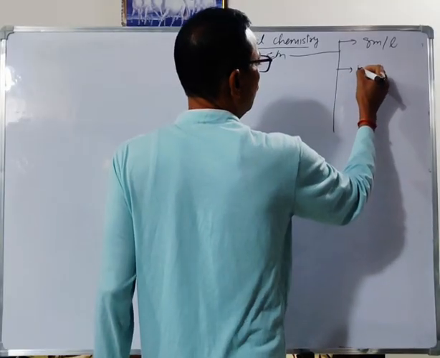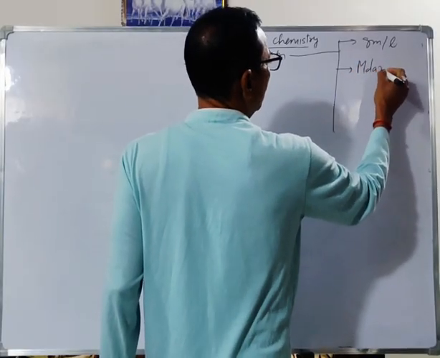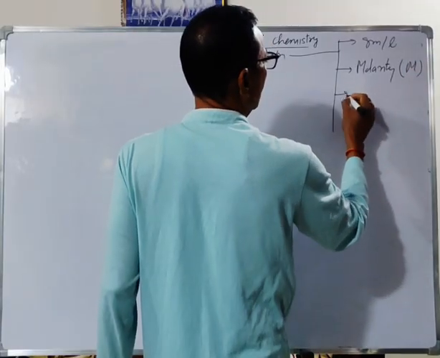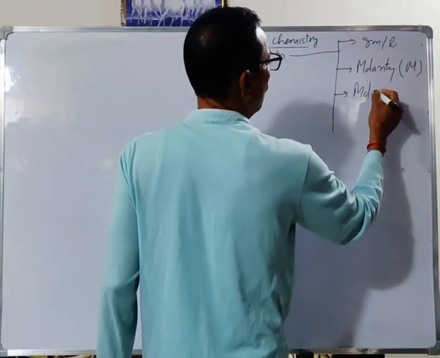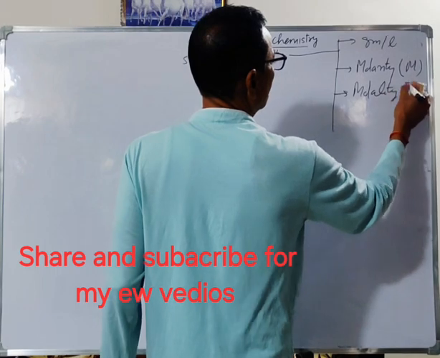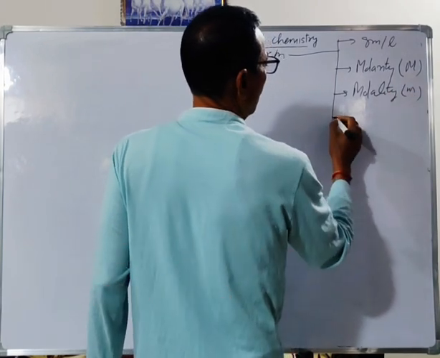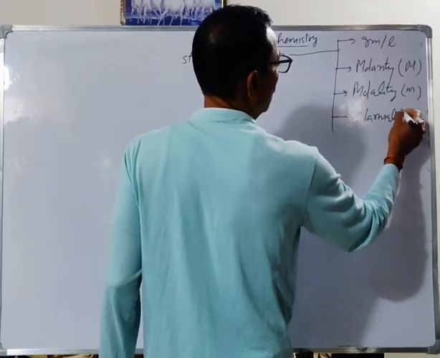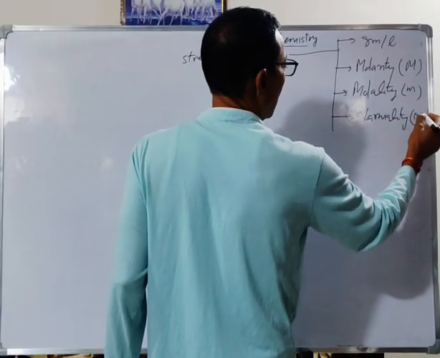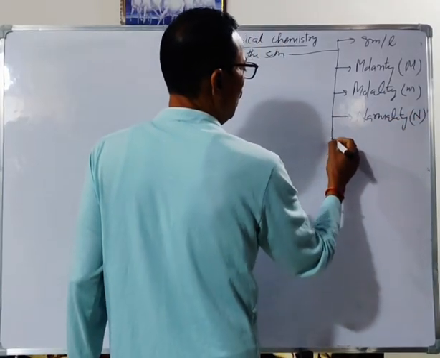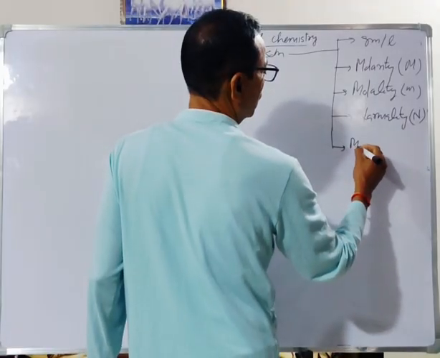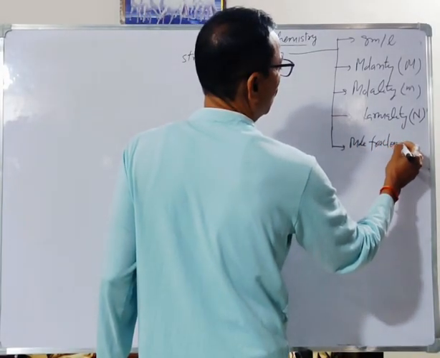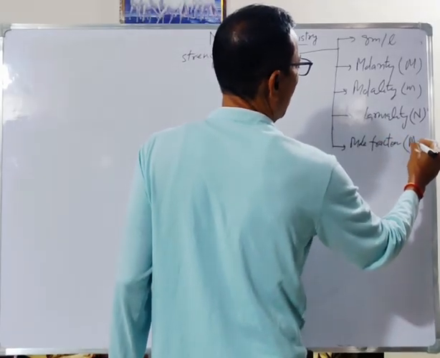It is also defined in terms of molarity, denoted by capital M. Then also in terms of molality, this is small m, and normality, denoted as capital N. And finally, mole fraction, denoted as MF.